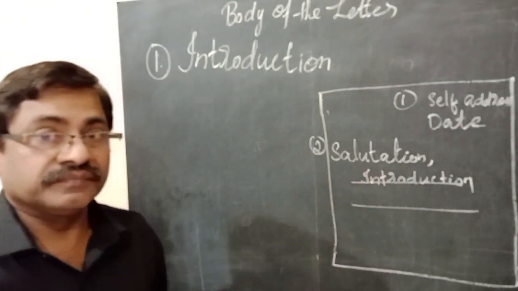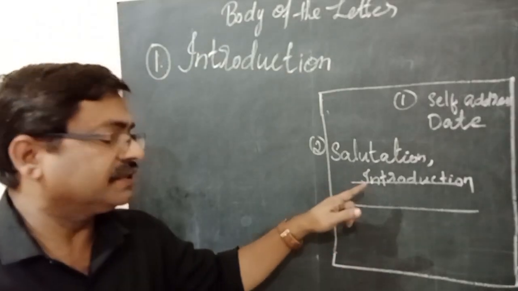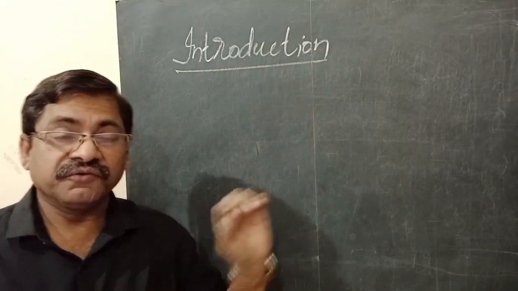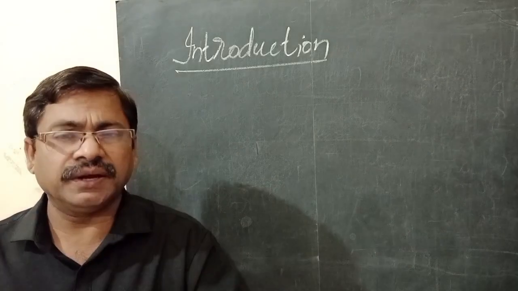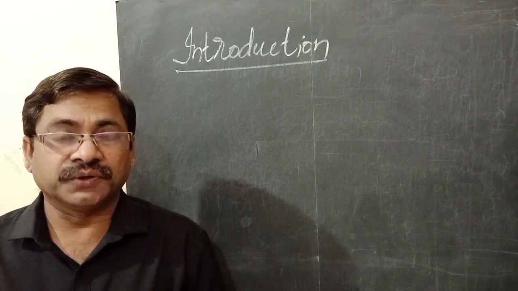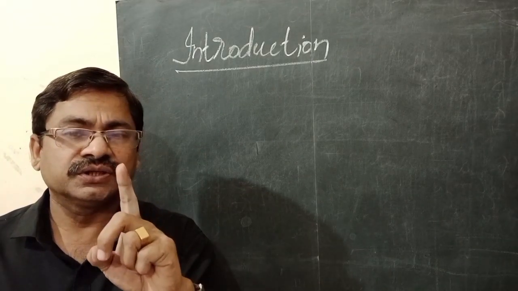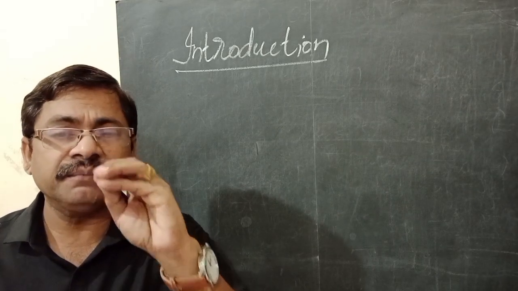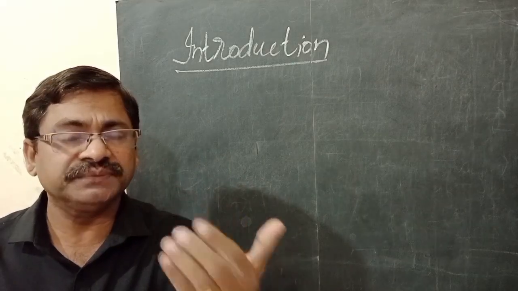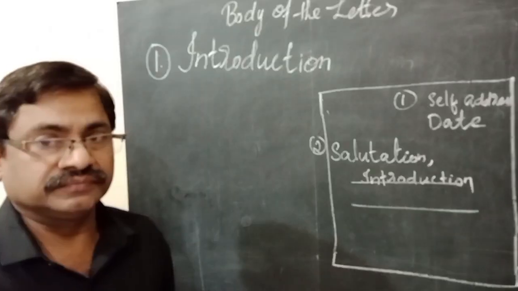Whenever you are writing the first sentence, you have to think that it should be something that will make the reader feel happy. It should not be something that will make the reader feel unhappy or sad.